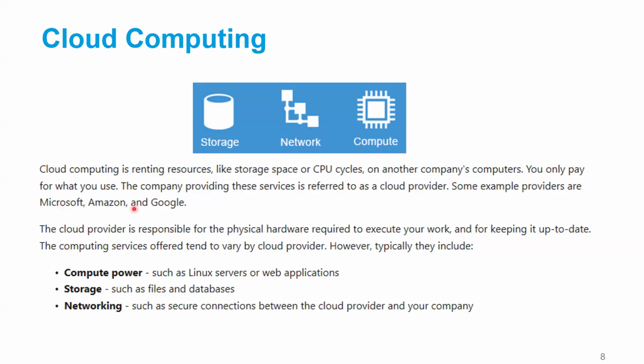Microsoft, Amazon, Google, Oracle, Alibaba. Those are examples of cloud providers. They provide compute power like Linux or web applications, storage in which you can store your files and your database, and networking like VPNs. These are the things we get from cloud computing.